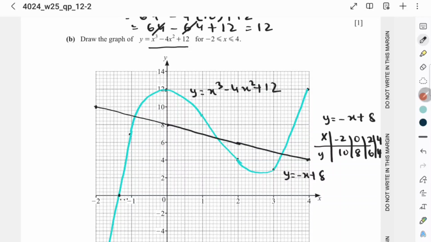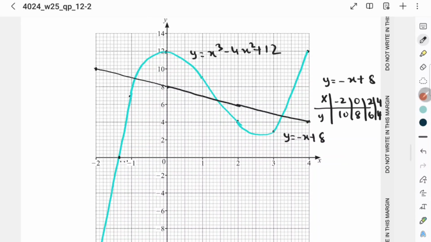Now the points of intersection we'll have to check here. So this is the point which is minus 0.9. The second point is positive 1.4.